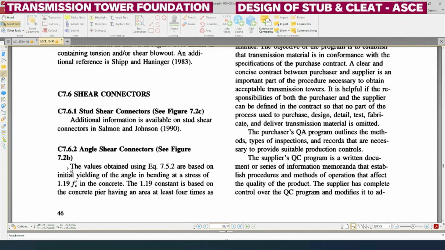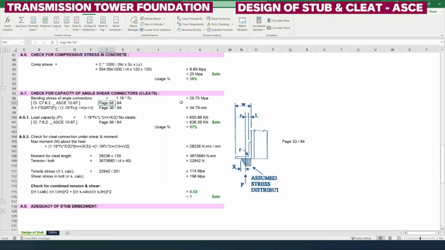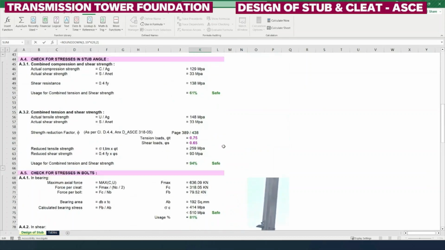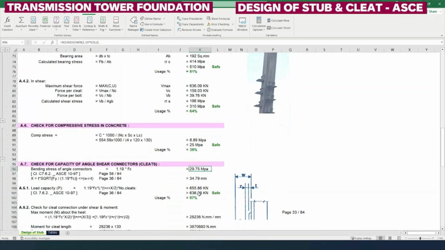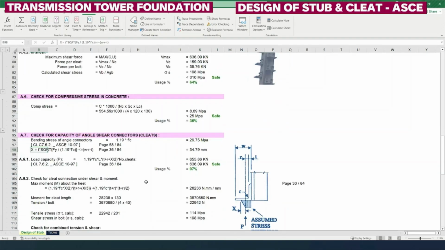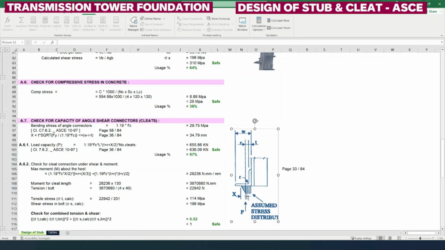Here it is given that the values obtained in equation 7.5.2 are based on initial yielding of the angle strength at a stress of 1.19 FC in the concrete. So we need to multiply this 1.19 with the characteristic strength, 25 megapascal, which we considered. And X is the lever arm distance. You can see it in the picture here.